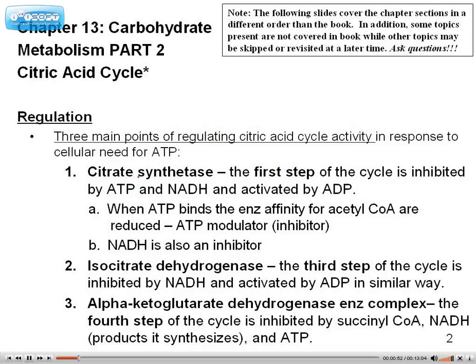Citrate synthetase is used in the first step, producing citrate, and these are the modulators. In the third step, we have isocitrate dehydrogenase. These are the modulators, and then the alpha-ketoglutarate dehydrogenase enzyme complex, and all of these are the modulators.